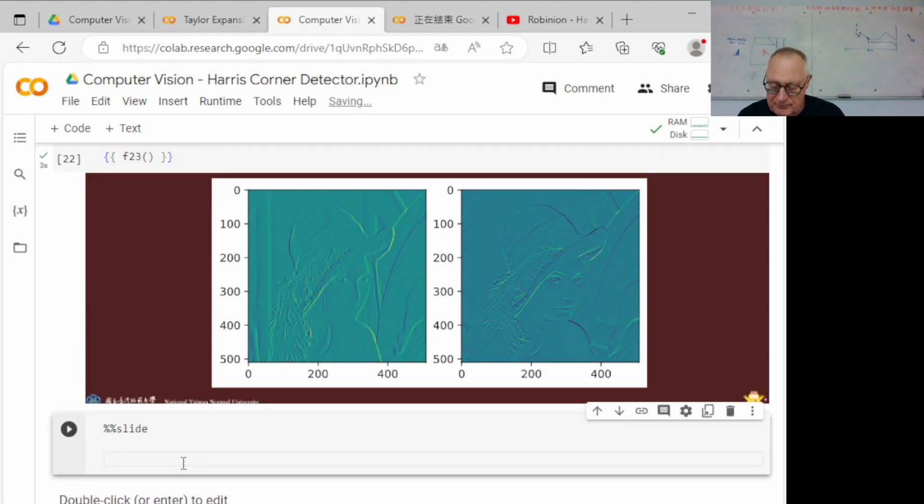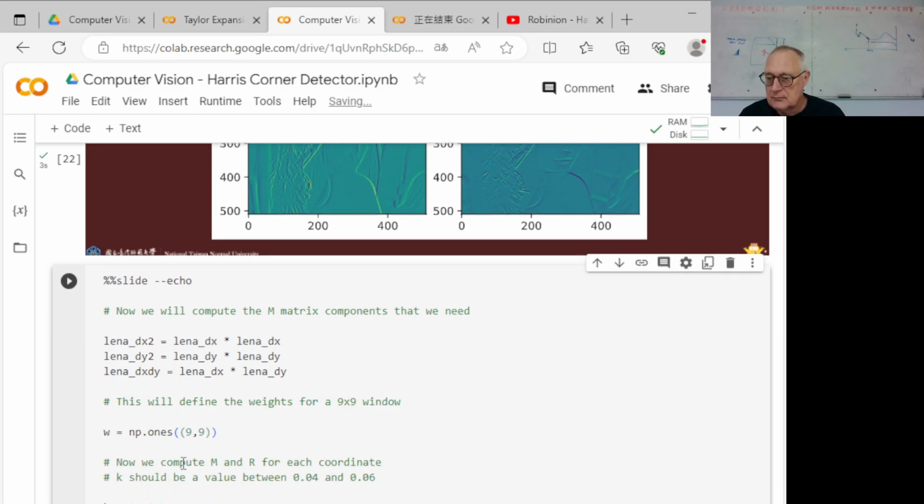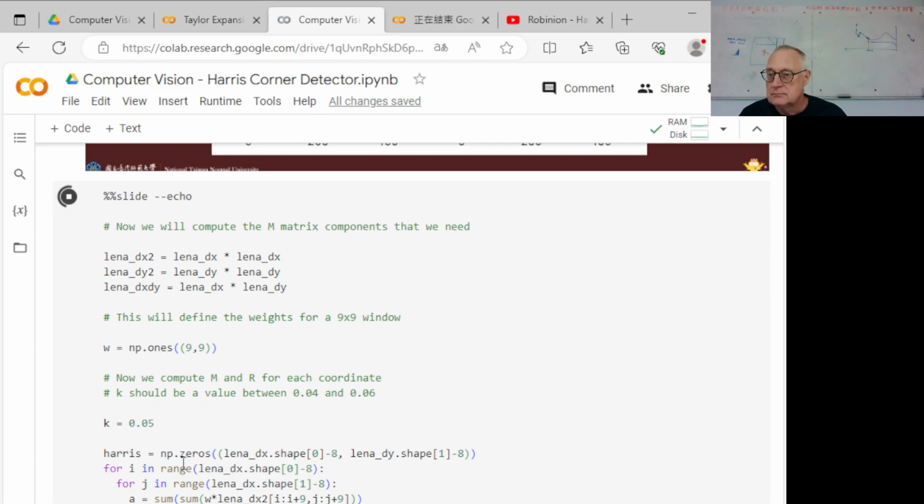And then we can calculate the Harris response. And the weights that we have here is a 9 by 9 matrix.